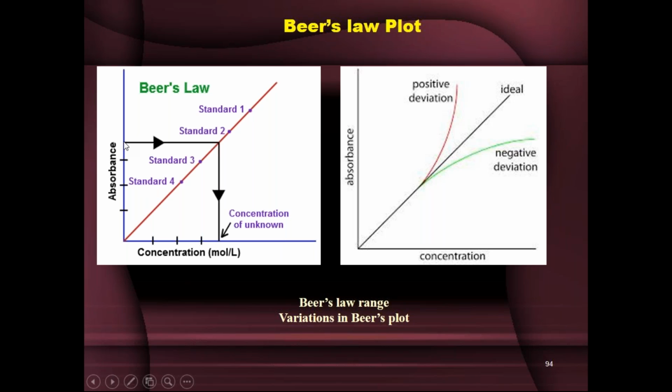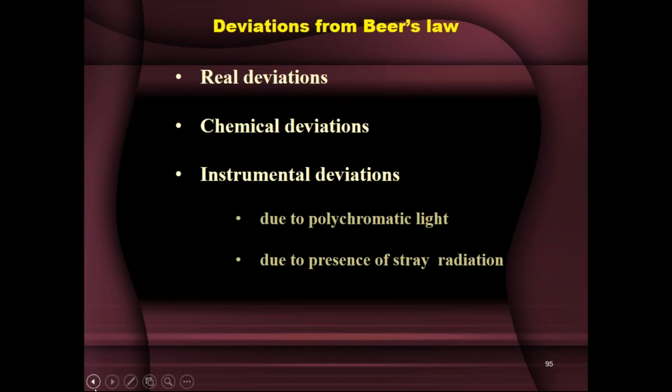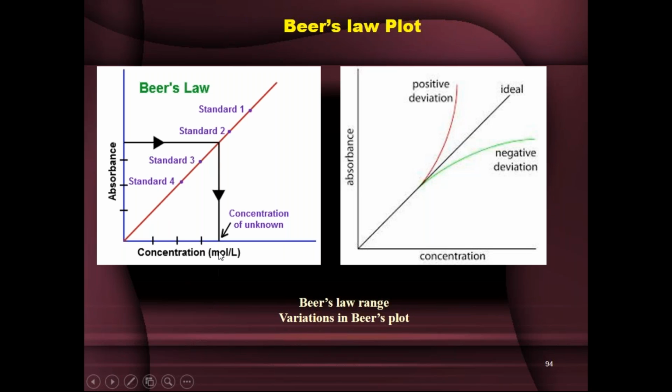From the value of absorbance, you draw a straight line till it intersects your standard plot. And from there, you draw a vertical line directly down. This will end up at a given concentration, which is the concentration of the unknown. Then you apply the dilution factor and find the exact concentration of your given sample solution.